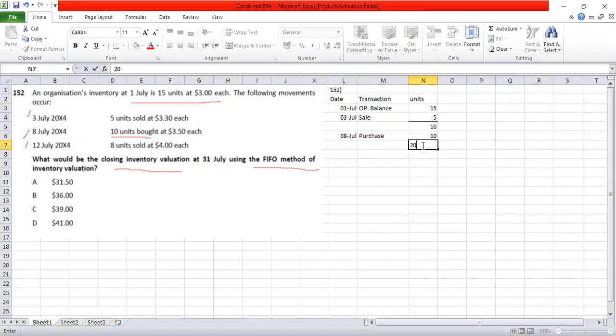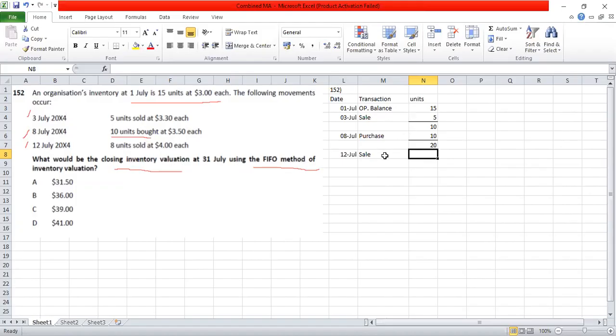Of course, these are at different rates. Then we see that the next transaction is 12th July. So 12th July also there is a sale. But now, very specifically look into this one. If 12th July there is a sale, see the previous one, 3rd July when there was a sale, there was only one lot of material which was present, that is 15 units at the rate of 3.